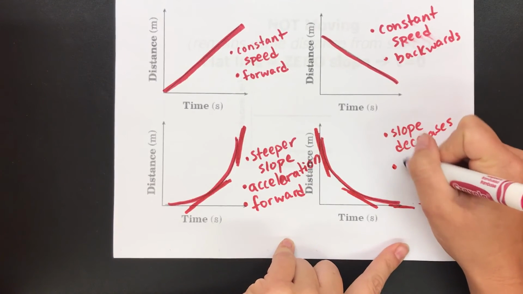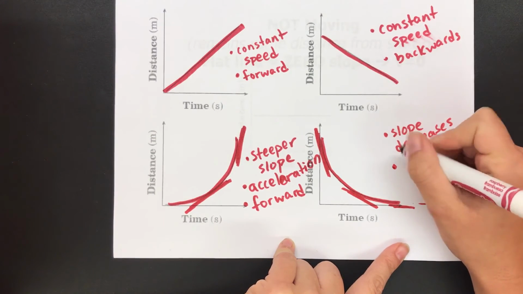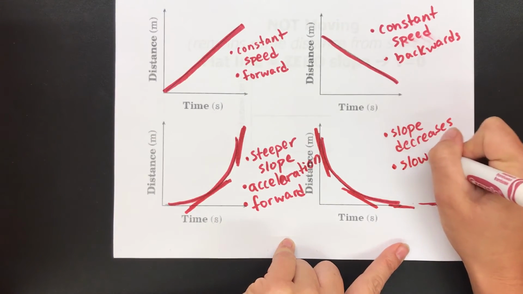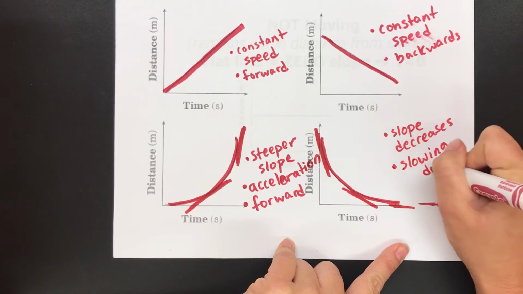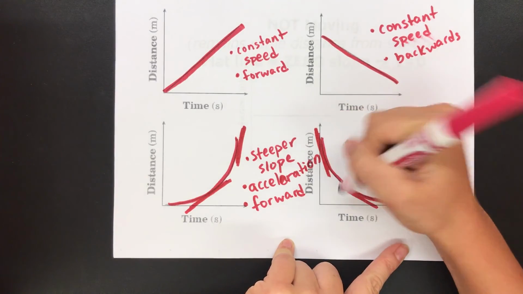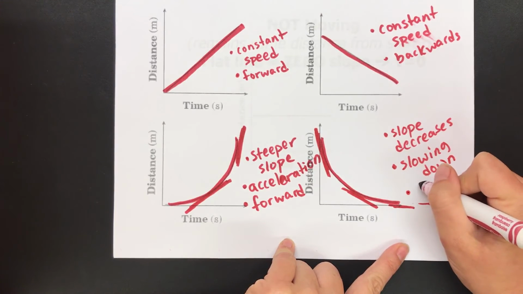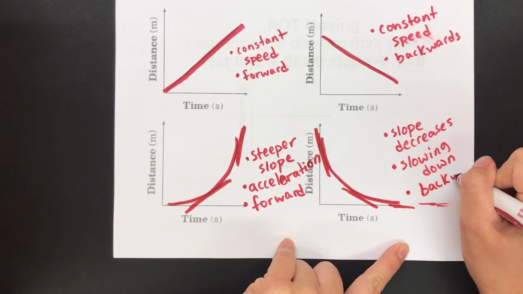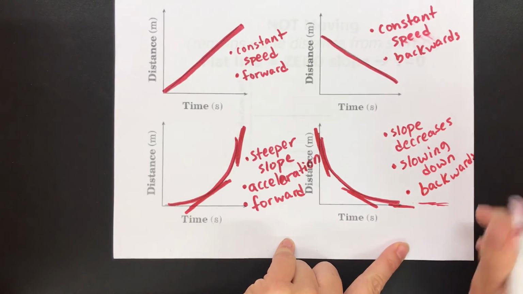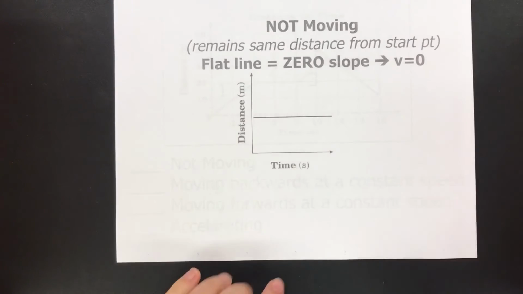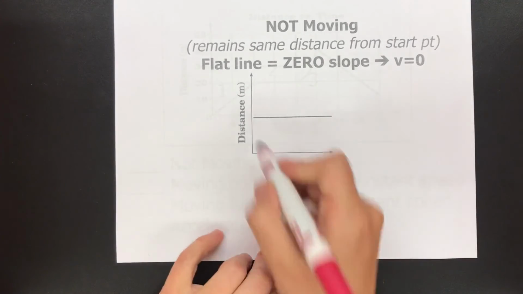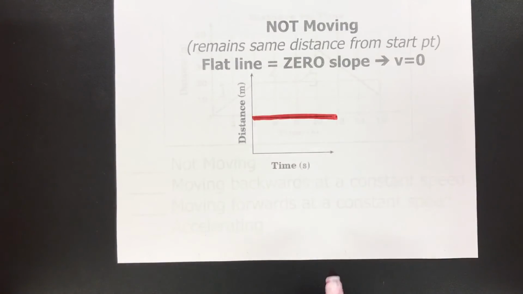That means it's still accelerating, but it's slowing down. Now, the distance is decreasing, therefore it's moving backwards.